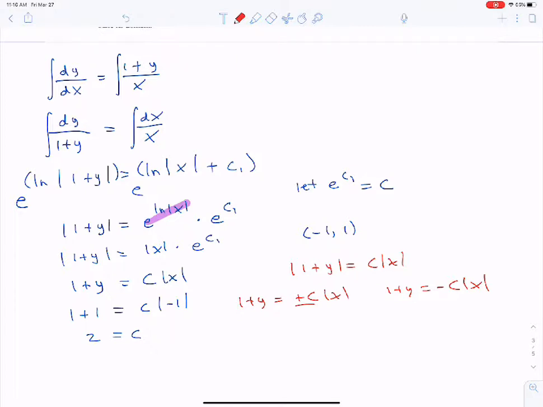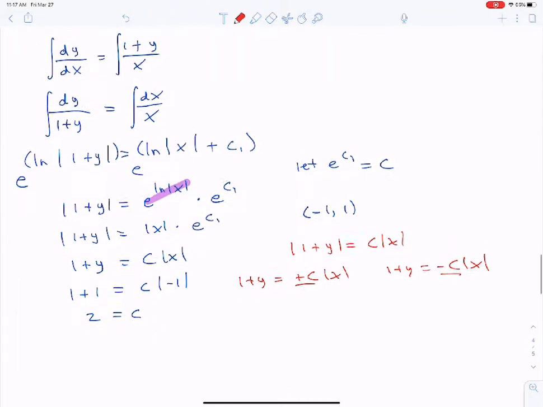Well, c can be positive or negative. So this is being really redundant, right? Because c can be positive, it can be negative. So going right to here is fine. There's no reason to break it up into two like that because it's already taken care of by the c itself. I hope that makes sense. Okay?